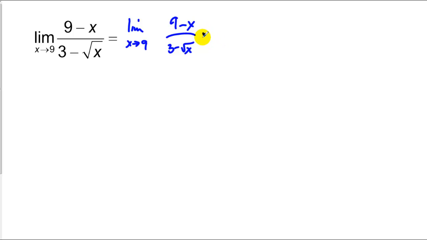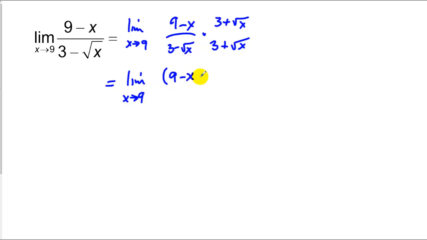and rationalize by the conjugate of the denominator. It's 3 plus root x, to both the numerator and denominator. Notice what's going to happen. I'll have the limit as x goes to 9 of, I'll leave this as is for the time being, 9 minus x times 3 plus root x.